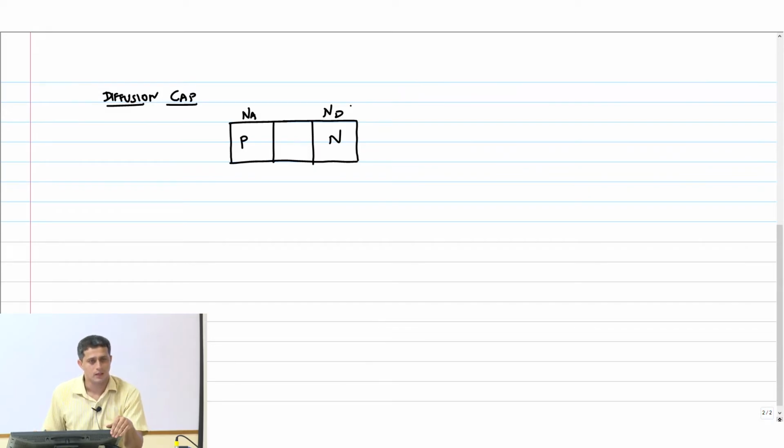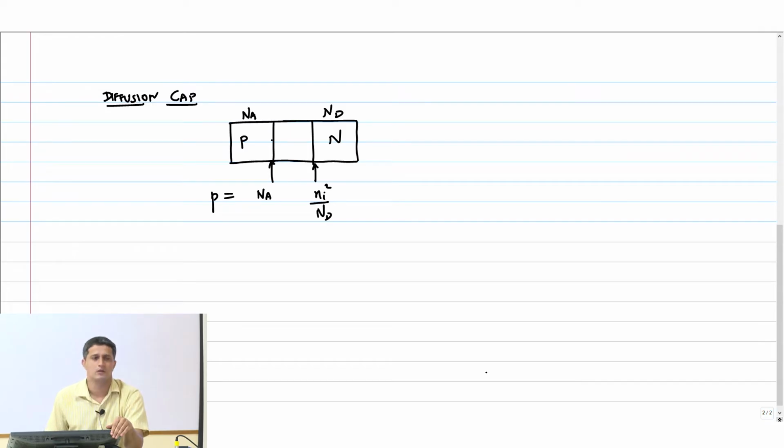Then just to refresh your memory, what is the hole concentration at this edge here? Na, right. So this is Na. What is the hole concentration here? Ni squared by Nd, right? So Ni squared by Nd, this is the hole concentration.